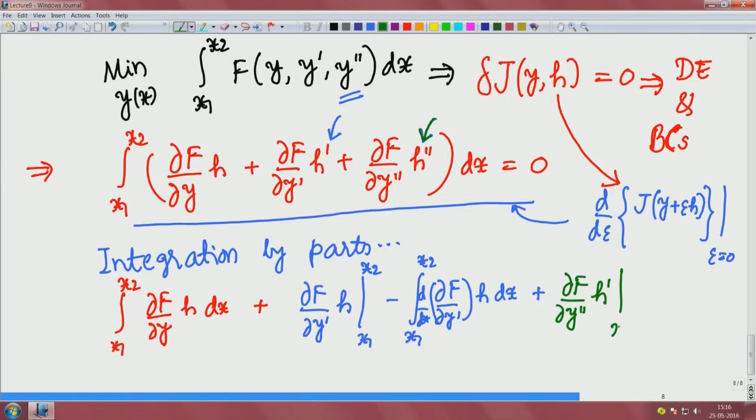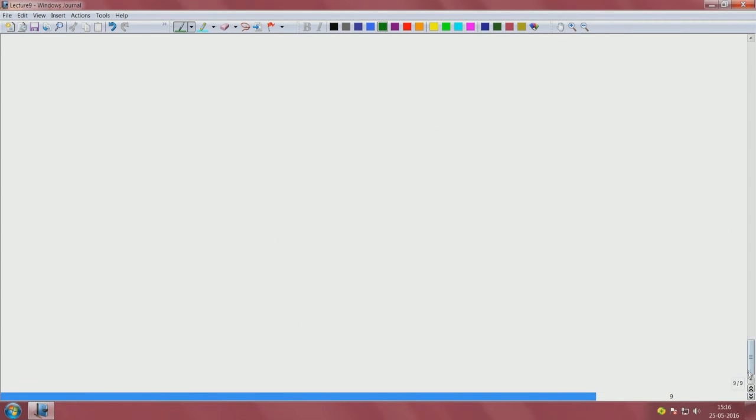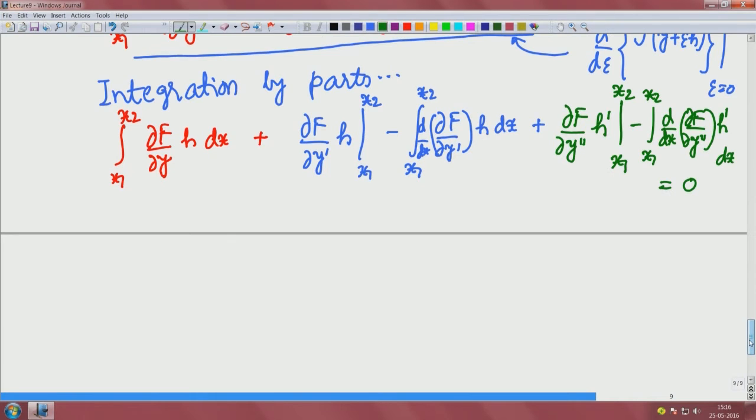This you have to evaluate at the two boundary points x1 and x2, minus the integral from x1 to x2 of the derivative of the first function, that is d by dx of dou f by dou y double prime, times the integral of the second function, and then there is dx. That should be equal to 0. We did integration by parts once. Let us do it one more time.